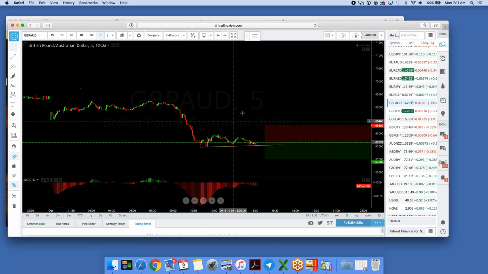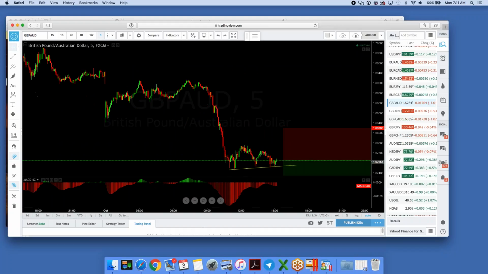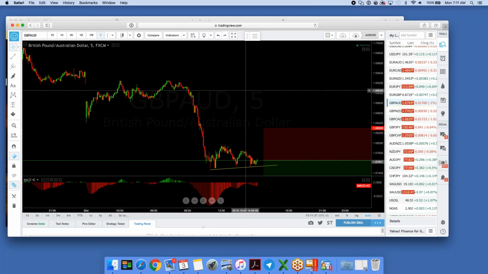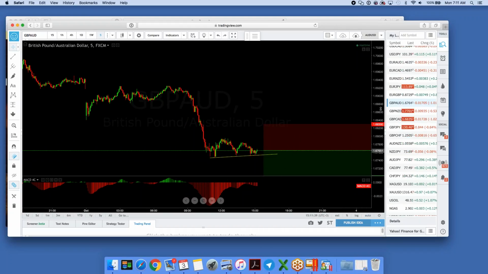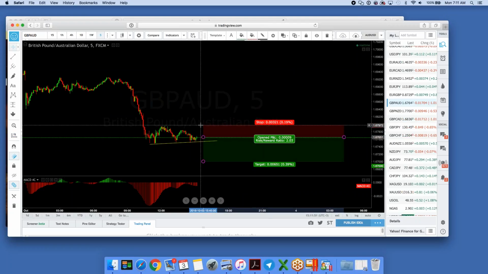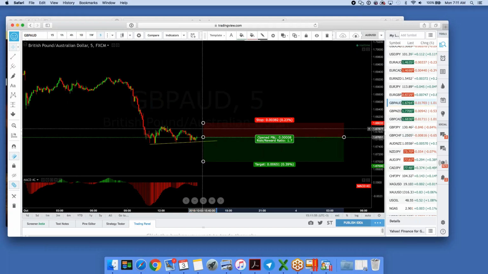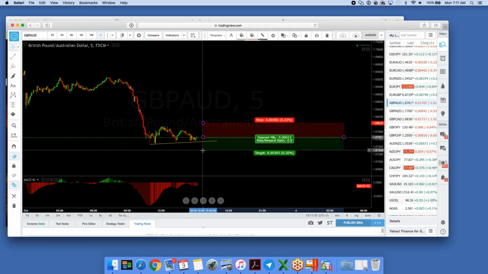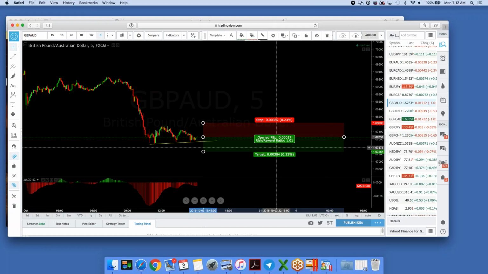It looks like a pretty good push down, so I don't really know if there's much for pullbacks. The pound does move quite a bit normally, but this right here is moving a lot. So what you could probably do is bring this down a little bit if you're just going for a 1-to-1, to account for the spread. And this could be your 1-to-1 trade, as long as it doesn't break this high.